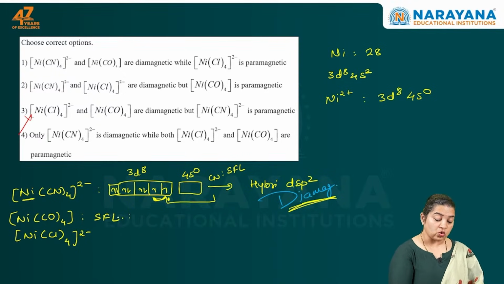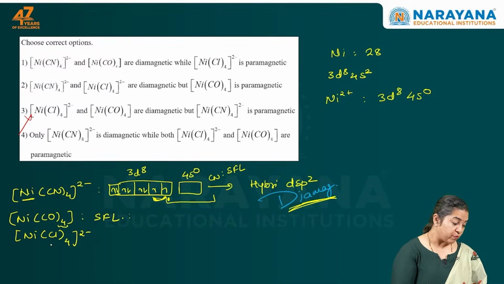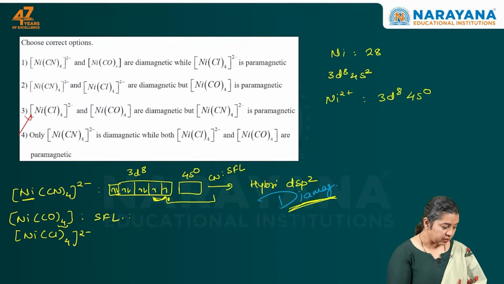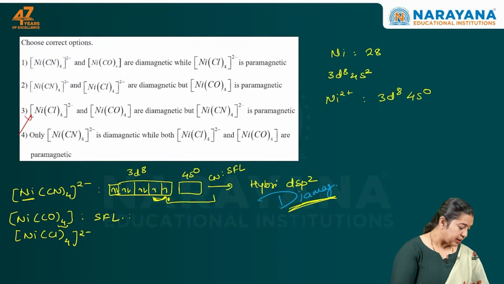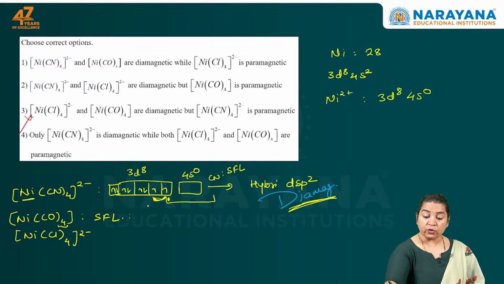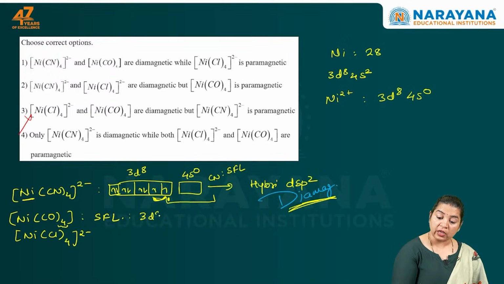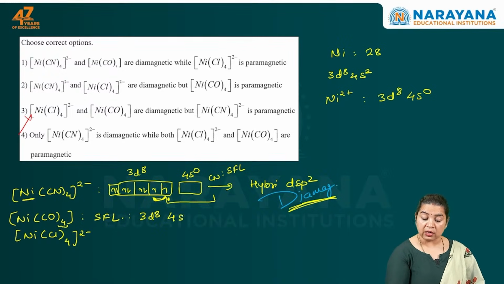If it is a strong field ligand, and 4 again is the coordination number, correct. Of course, the oxidation state is 0, so this time I have to go for 3d8 4s2.